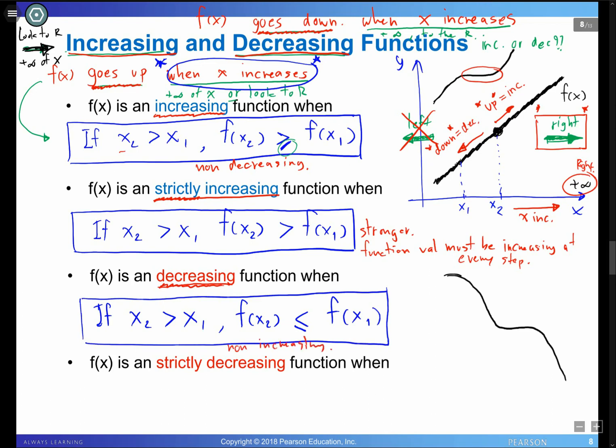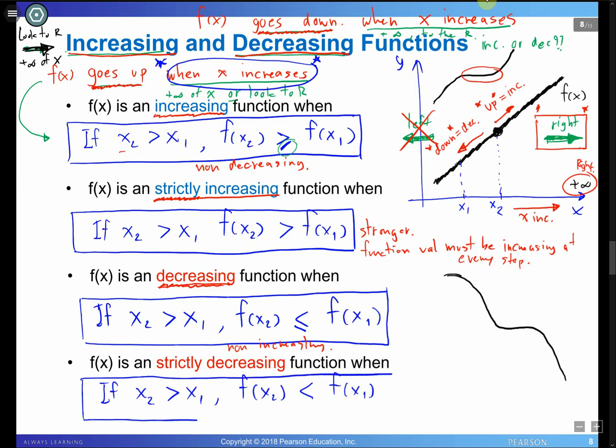Alright, now the last one. A stronger version than the decreasing definition. We are going to have the same direction of looking: x2 greater than x1, looking to the right. And now the function value at x2 must be strictly less than the function value at x1. So there you go.